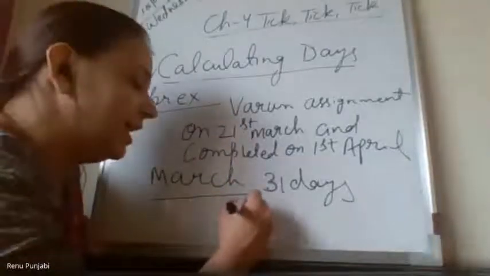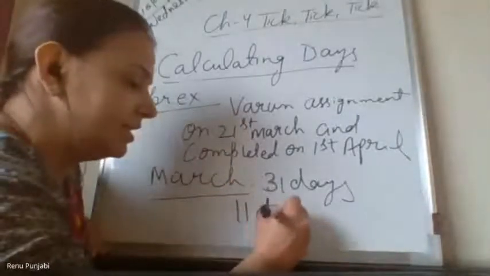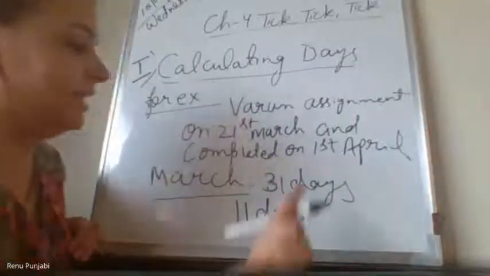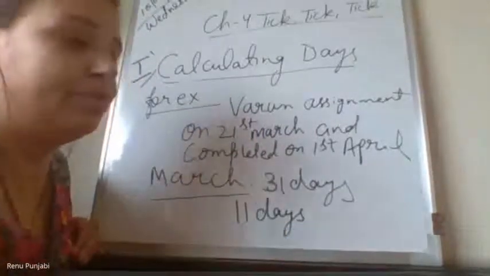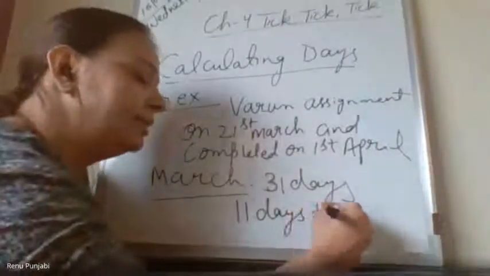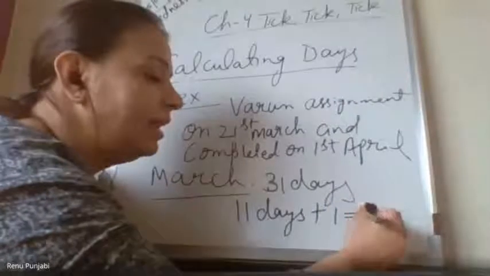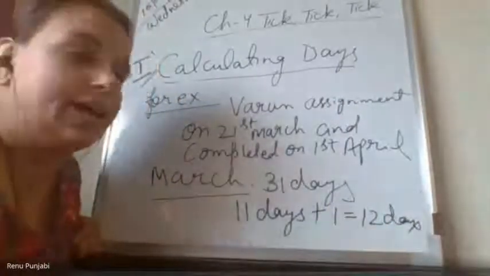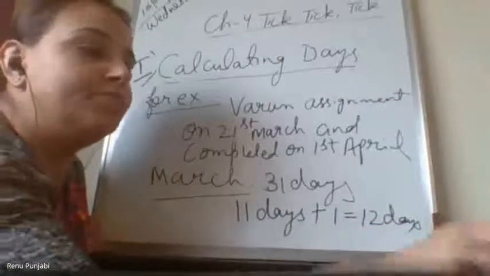So it's 11 days. So now after 11 days, it's on 1st April. So 1st April also will be counted, plus 1. So it will be 12 days. Clear, children, till here?